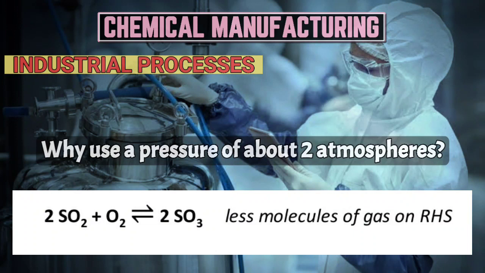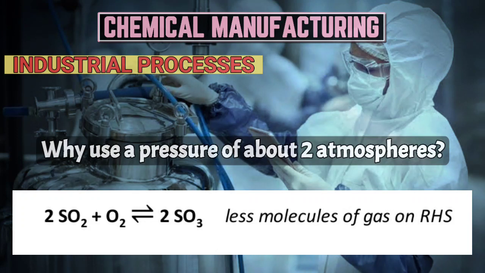The conversion of sulfur dioxide to sulfur trioxide is already so good in this case that a higher pressure than 2 atmospheres, which is quite low, is not needed. The catalyst has no effect on the percentage conversion but helps to speed up the reaction, as it would be too slow to be economically viable without it.